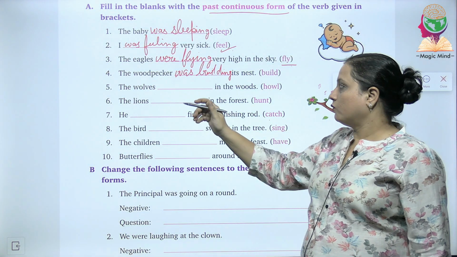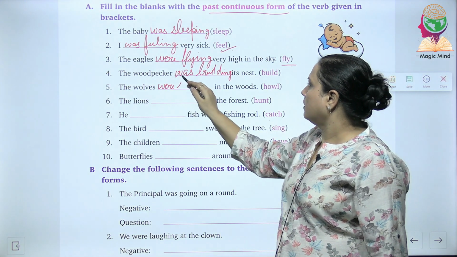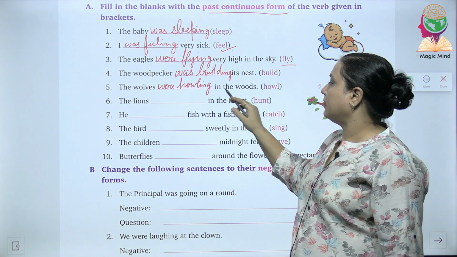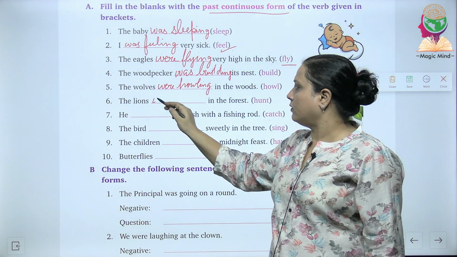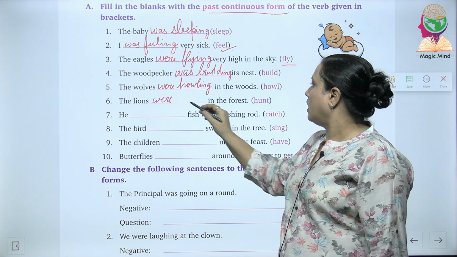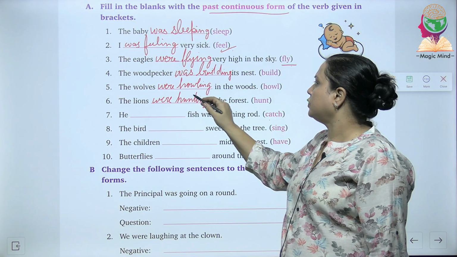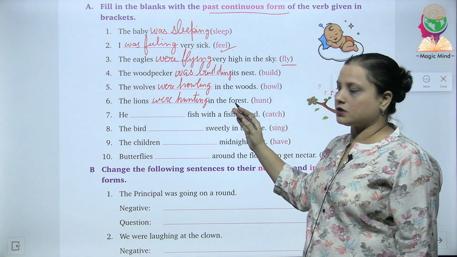Fifth one, the wolves were howling in the woods. The lions, again we will write here were hunting. The lions were hunting in the forest.